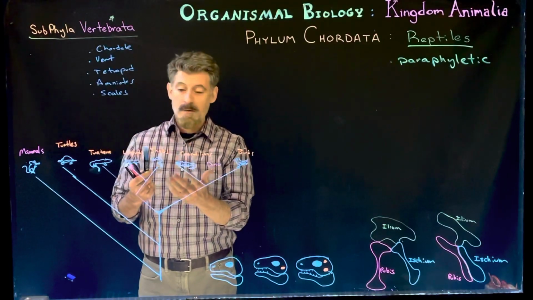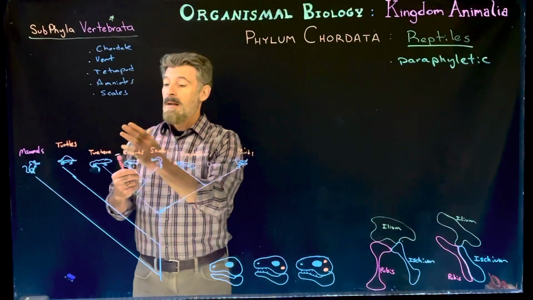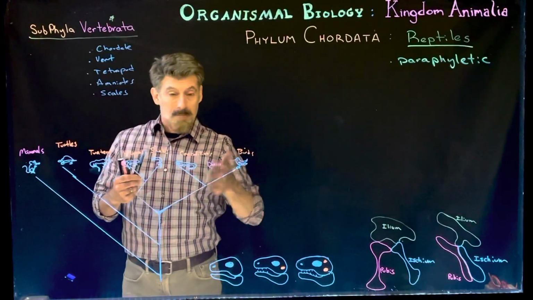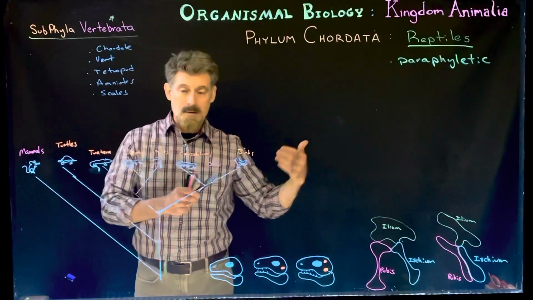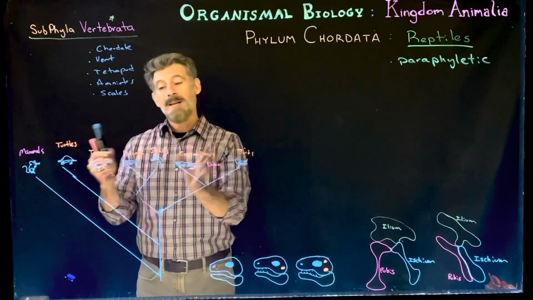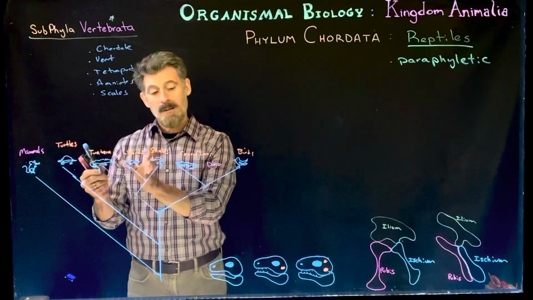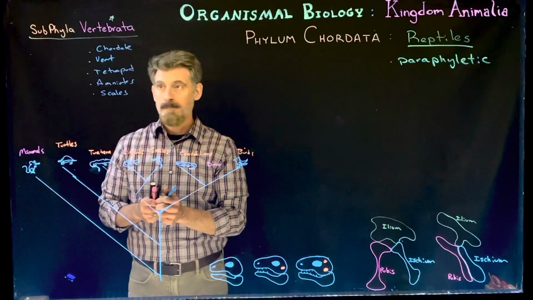It was a common feature. Now, they don't have hair, so they don't have fur, which is what the mammals will have, and they don't have feathers, which is what the birds have. So that's one characteristic that kind of pulls them a little bit together.